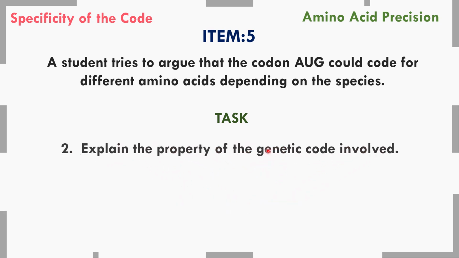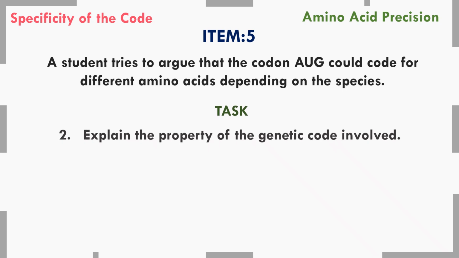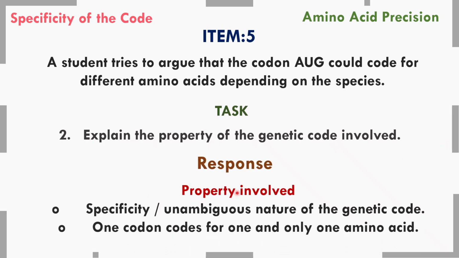Explain the property of the genetic code involved. Property involved: specificity, an unambiguous nature of the genetic code.